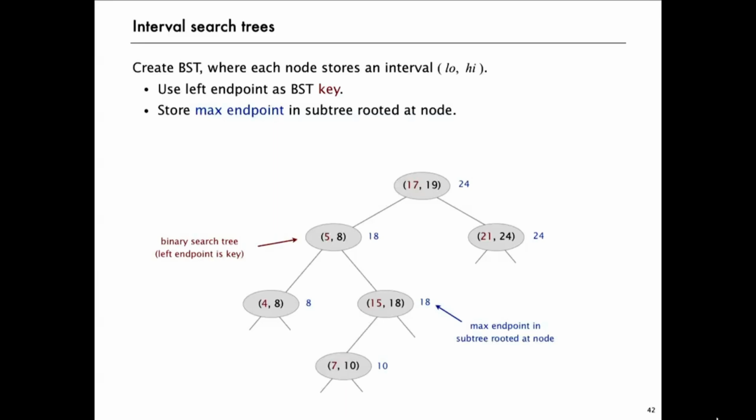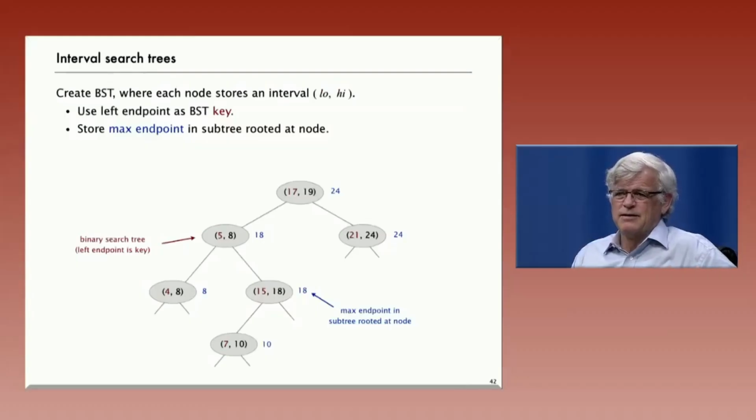But in each node of the tree, we're going to store not just the interval, but the largest endpoint in the subtree rooted at that node. So at every node, we store the maximum endpoint in the subtree rooted at that node. At the root, the maximum endpoint, or the rightmost point covered by an interval, is 24.